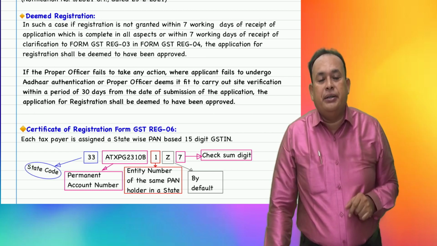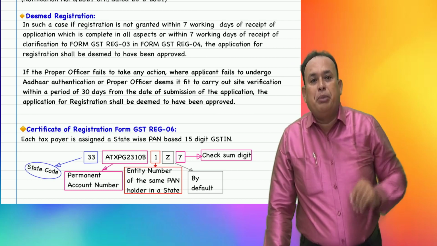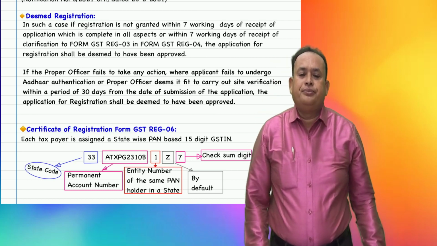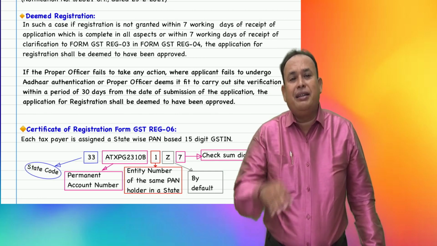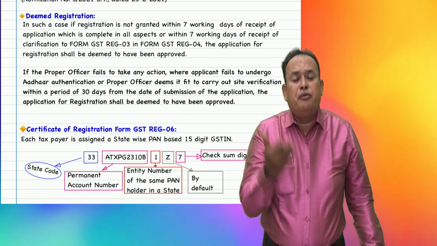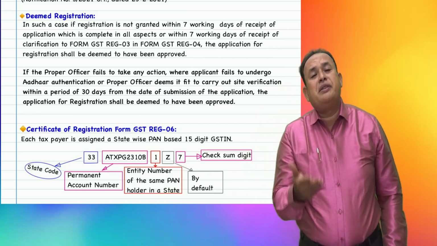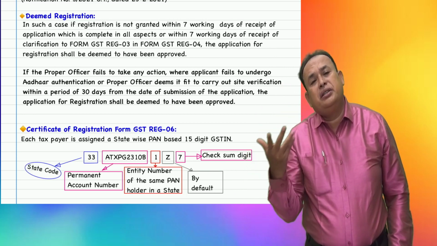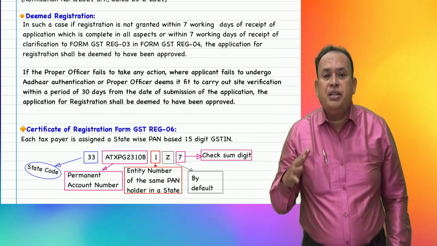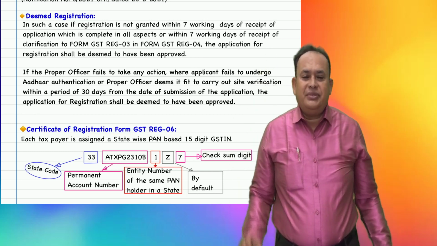If the premises are not physically verified, the applicant is deemed to be registered. Where Aadhaar authentication has not taken place, a show cause notice will be issued in GST REG-03 within 30 days. If not issued, it will be registered. That is the meaning of it.